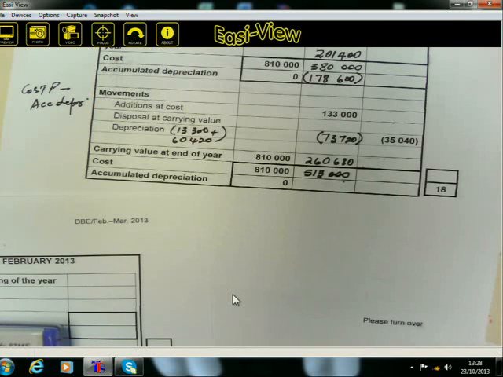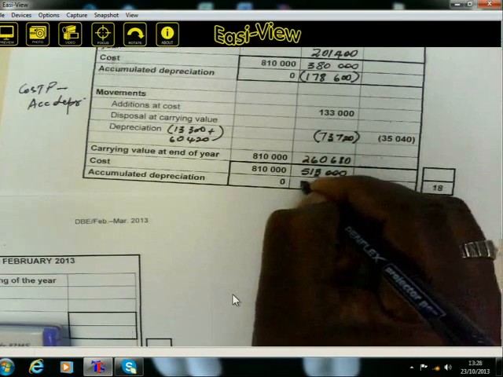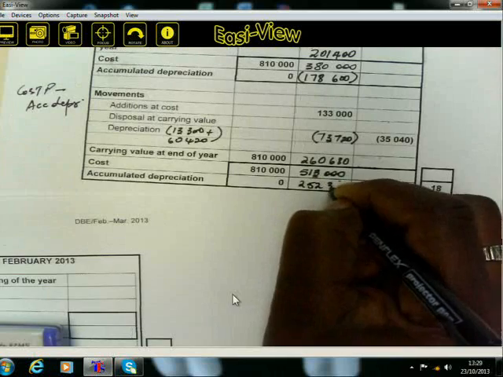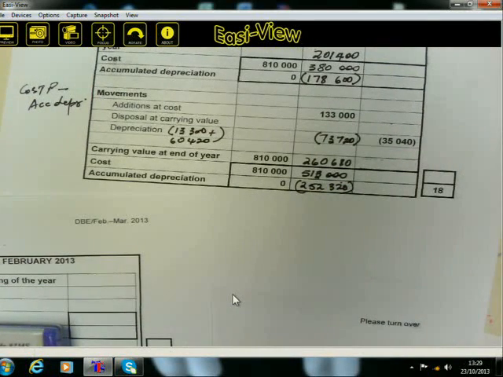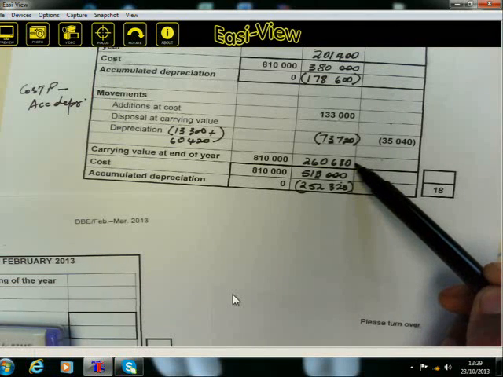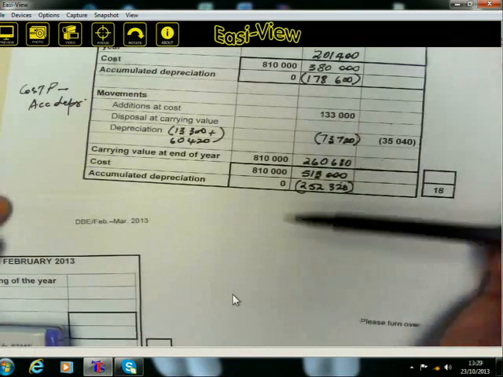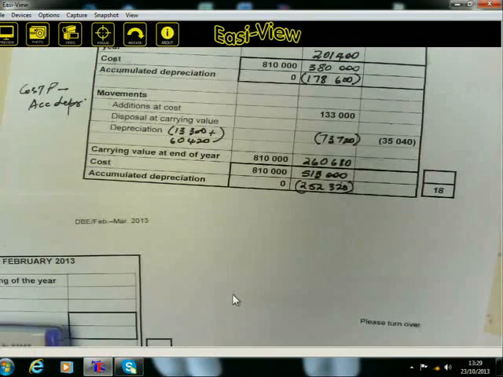So 178,600 plus 73,720 will make 252,320. And if you subtract 252,320 from 513,000, then you get 260,680. Then we are through with the vehicles.